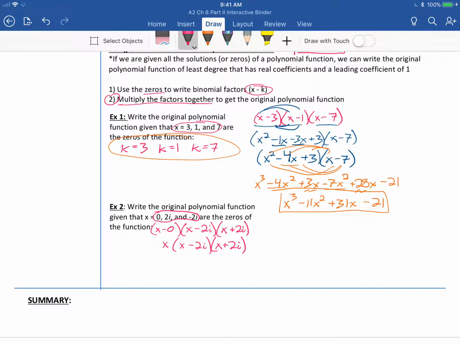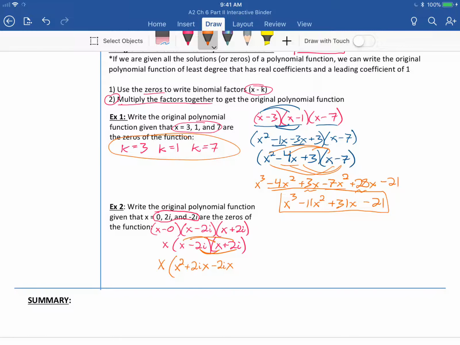So I can FOIL these together. I go x times x, x times 2i, negative 2i times x, and negative 2i times 2i. So x times x is x squared. x times 2i is positive 2ix. Negative 2i times x is negative 2ix.